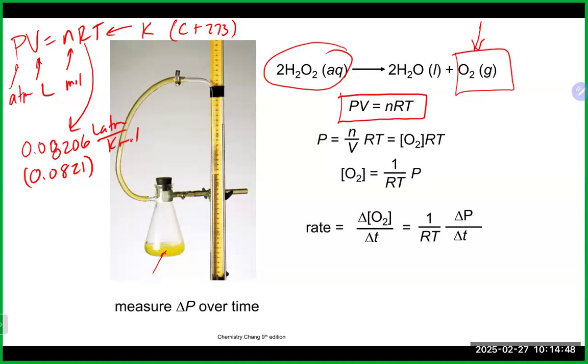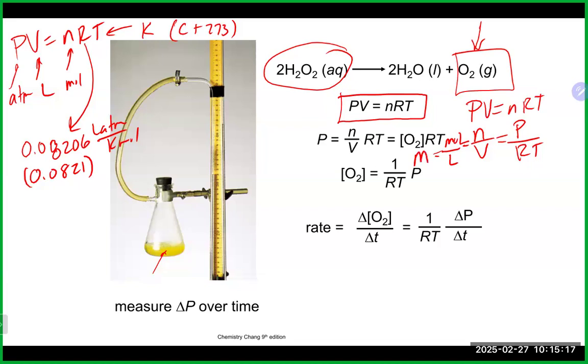So in this case, because we are producing O2, we could actually use the ideal gas law. If you took PV equals nRT and solved for n divided by V, it would equal P over RT. And n is moles, and V is liters, so that's basically solving for moles over liters. That is the molarity.